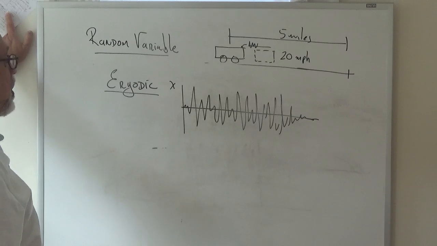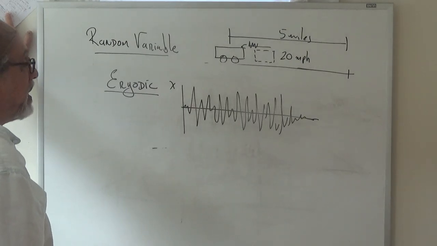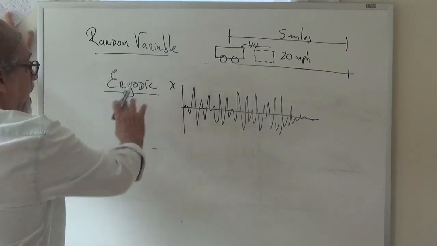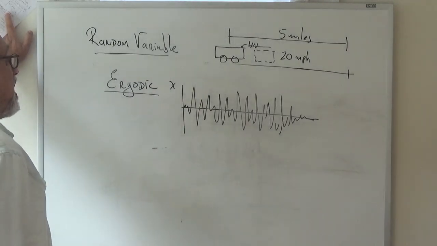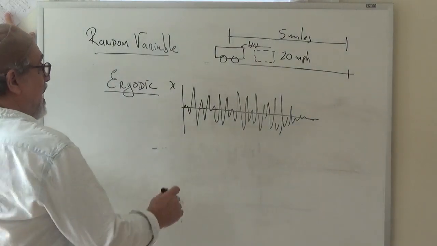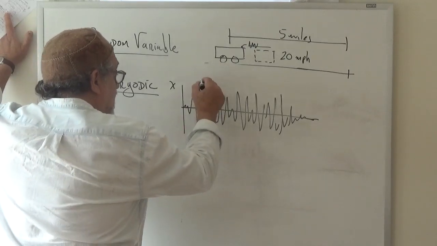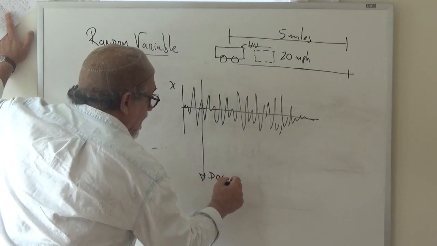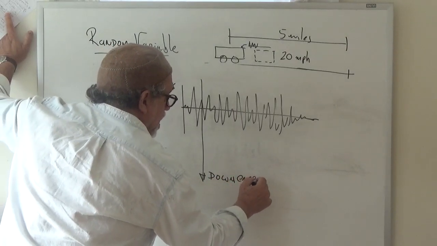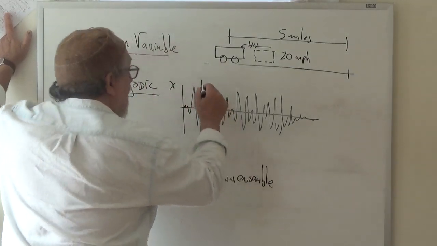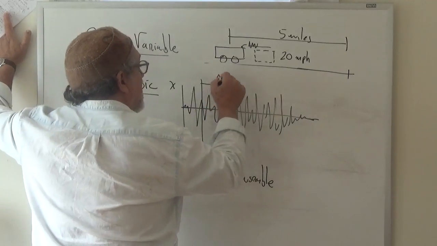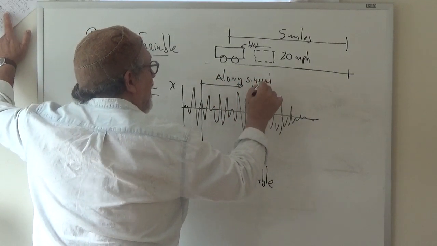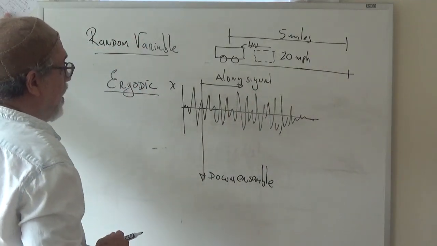And so what we do is we assume, and hope that it is accurate, that the process that we're looking at is ergodic. If the process is ergodic, that means that instead of averaging down the ensemble, we can average along the signal to get the same result.